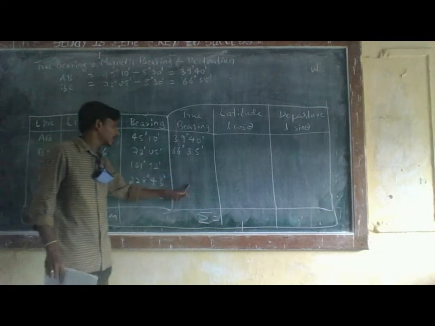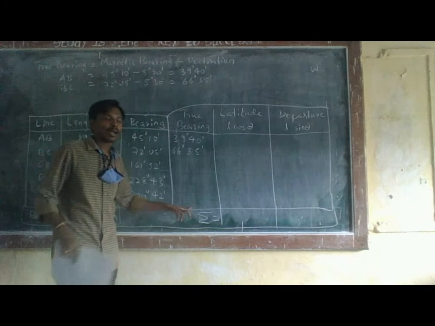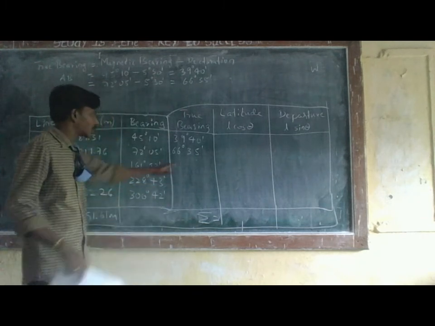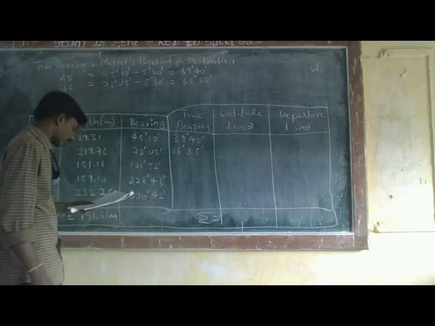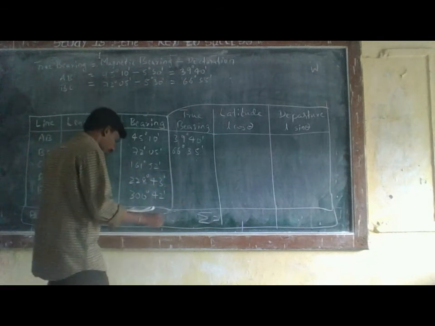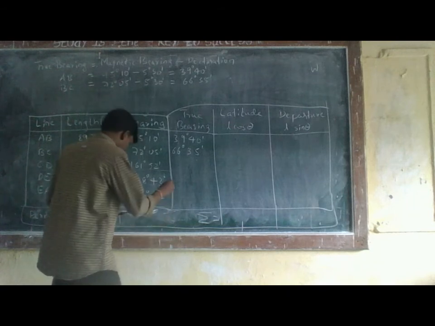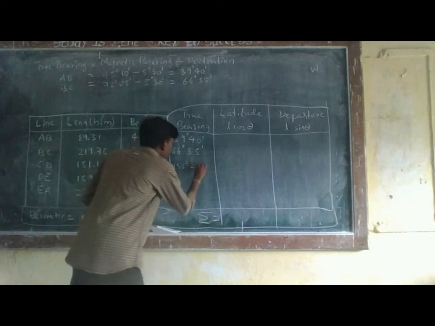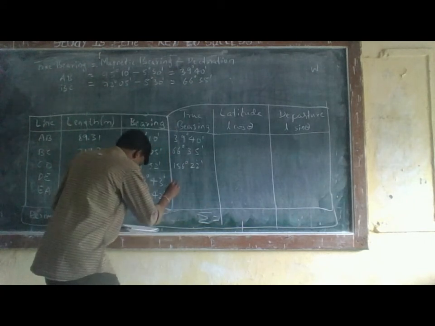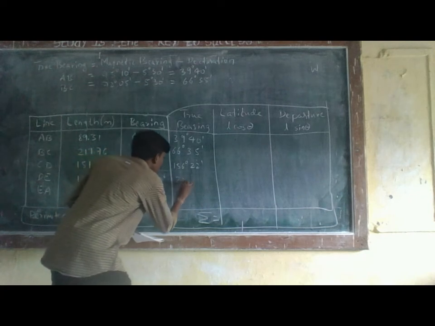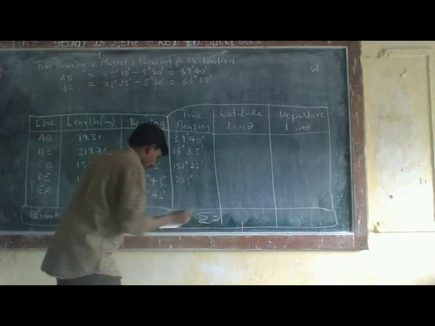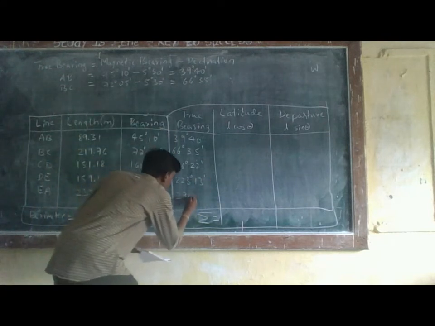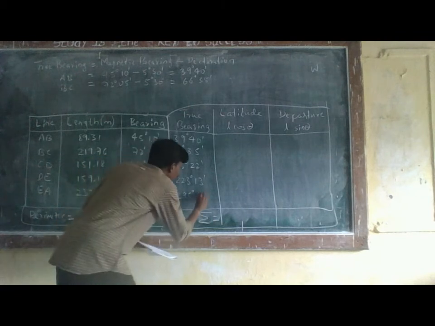Calculate the remaining declinations on your own, and I will write the values directly. The true bearing of CD is 156 degrees 22 minutes, for DE it is 223 degrees 13 minutes, and for EA it is 295 degrees 12 minutes.